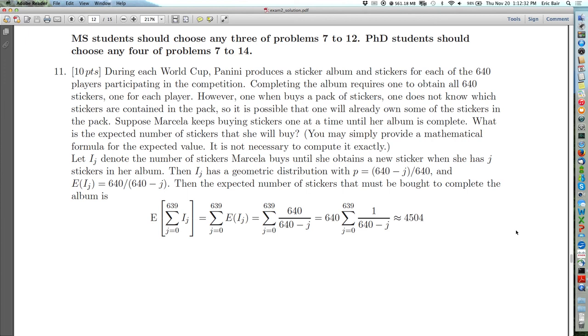Each one has expected value 1 over p, so you just sum over all of those. It ends up being approximately 4,500. Any questions on this one?